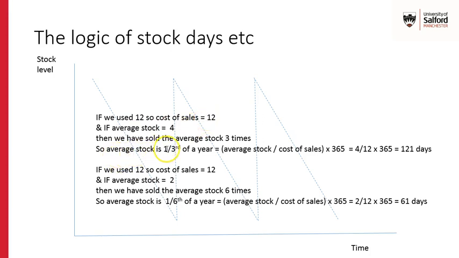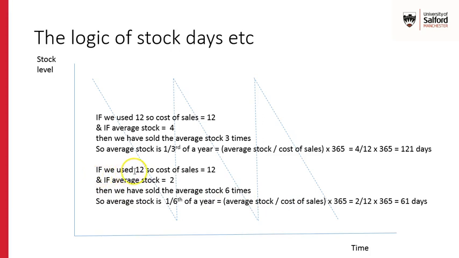So our average stock is 1/3 of a year, right? Which is 4 divided by 12. So our average stock is 4 divided by our cost of sales, which is 12, times 365, 4 over 12 times 365, which is 121 days. So our average stock is held for 121 days, and in this example you can see it's held 3 times, covering the whole year.